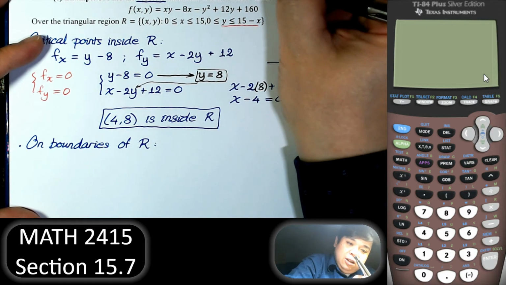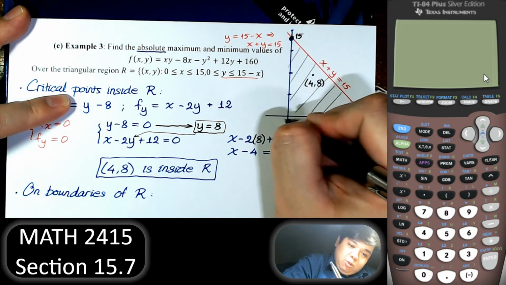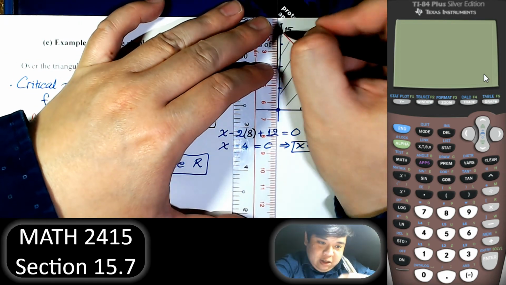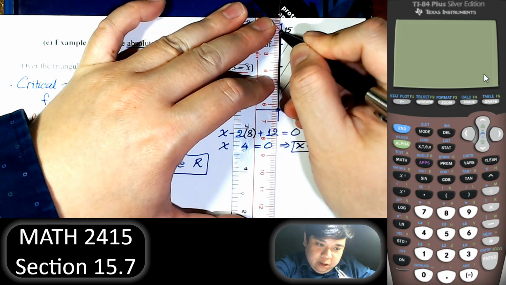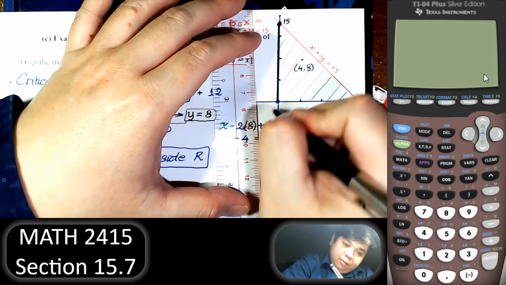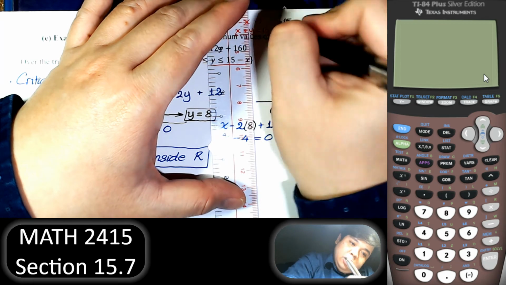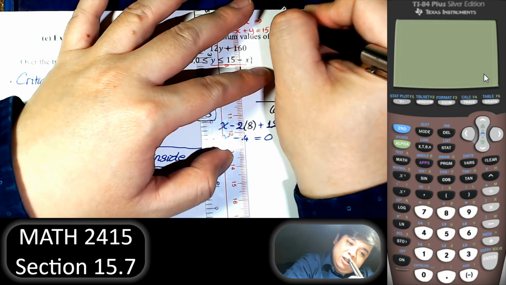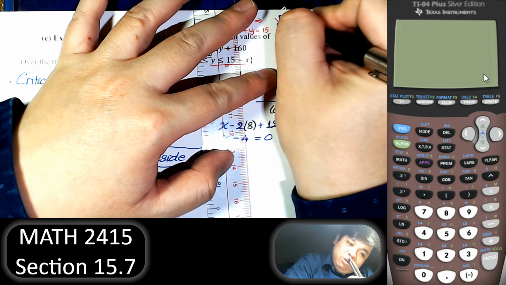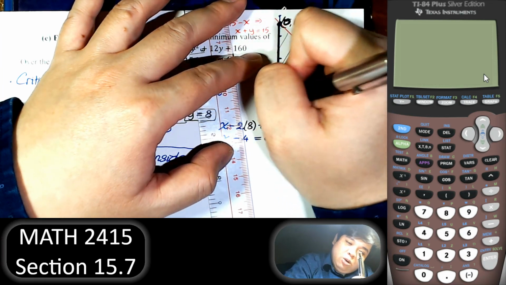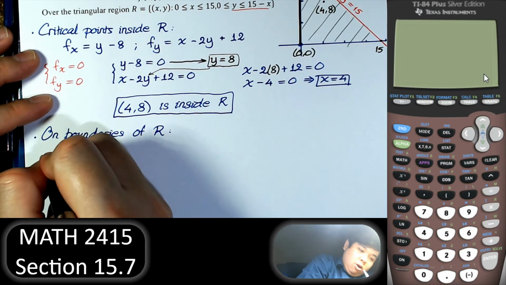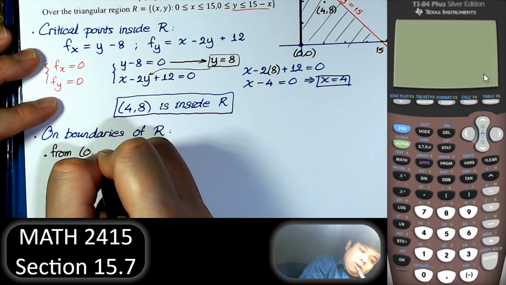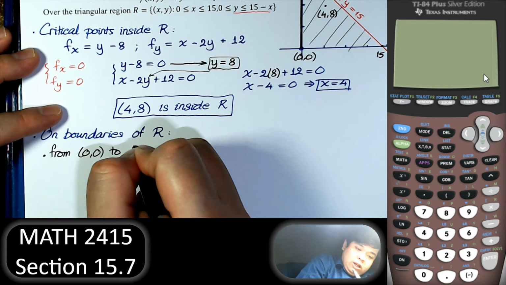First, let's look at this line segment from (0, 0) to x equal to 0, y equal to 15. So the first part is from (0, 0) to (0, 15).